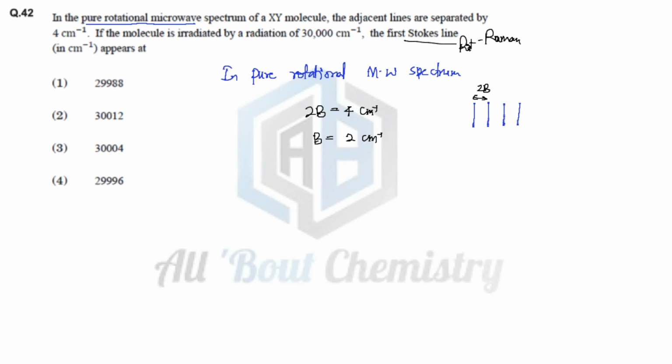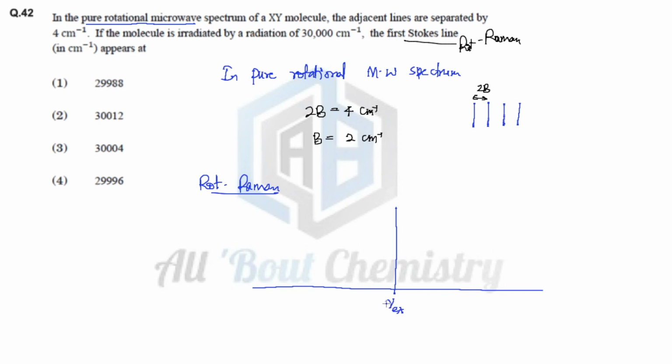In rotational Raman spectroscopy, you should know one more thing, that you have a Rayleigh line. This Rayleigh line has the maximum intensity, and it is the particular frequency at which you are exciting the molecule. So this is nothing but the excitation frequency.